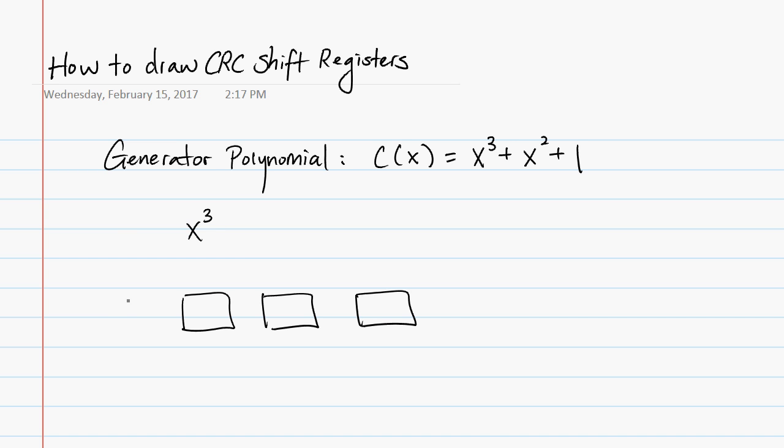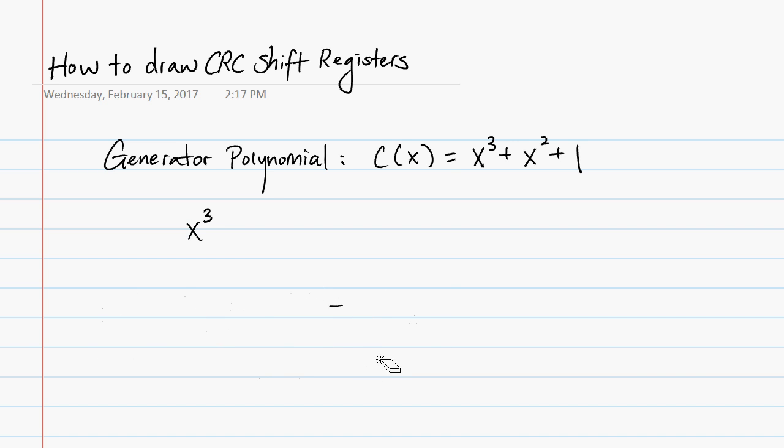You will have 0 x to the 3rd plus something x to the 2nd plus something x plus a constant, or something x to the 0. So this is what the shift register is going to compute: x to the 2nd, x to the 1, and x to the 0. And since we're not going to have an x to the 3rd, we'll ignore that register.